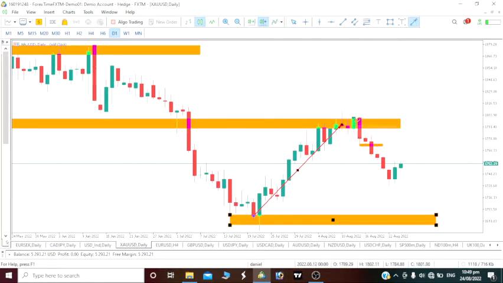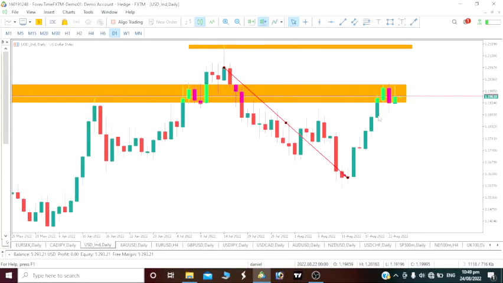Now our gold is rallying down, and we can see that our USD index is now rallying up. So if you take a look at this our USD index, by the way, since we are trying to compare our gold to our USD, we would see that we are now on an uptrend move.